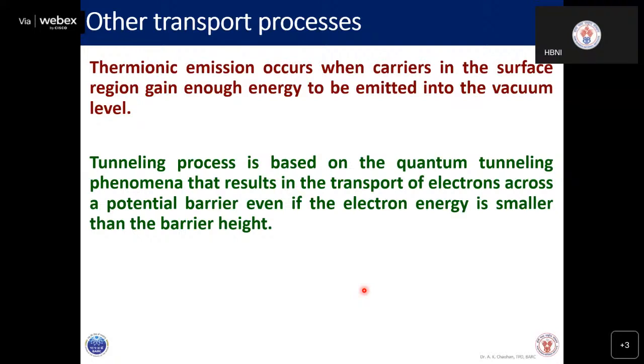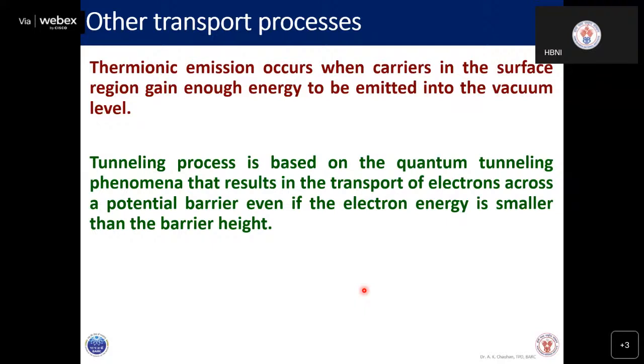Then the tunneling process. This process is based on the quantum tunneling phenomenon that results in the transport of electrons across a potential barrier, even if the electron energy is smaller than the barrier height. Suppose you have a very high barrier of a few keV, and your electron has only a few eV of energy.